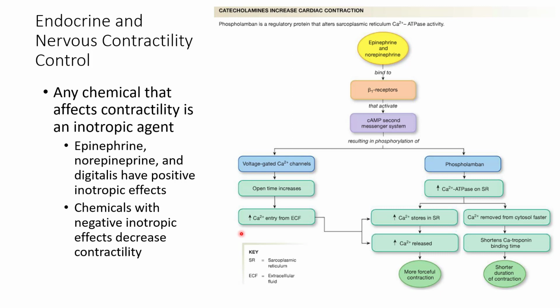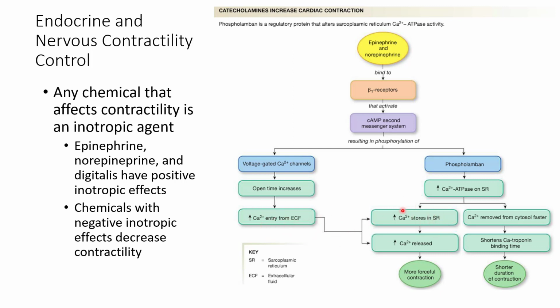We have more calcium that can bind to more troponin and make more actin accessible to myosin to grab onto and initiate a power stroke.